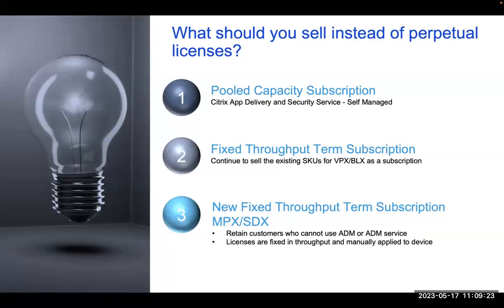And the third form is the newly released new fixed throughput or fixed capacity term subscription, purely for the hardware appliances like MPX and SDX, targeting customers who are very used to the perpetual world and yet do not require the kind of flexibility which pool capacity offers. They could pretty well enjoy getting onto the new fixed capacity term subscription.